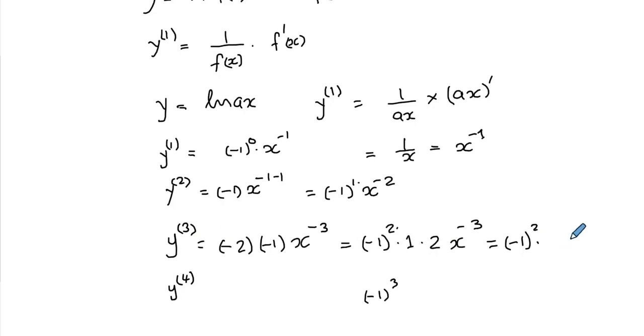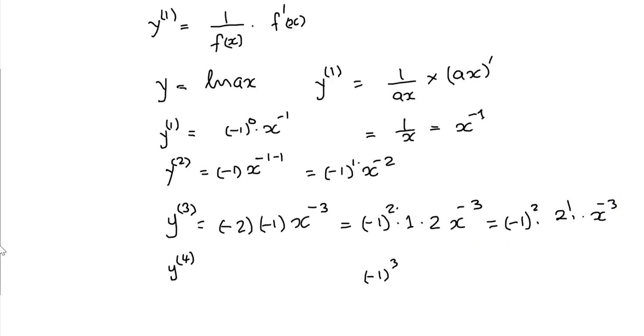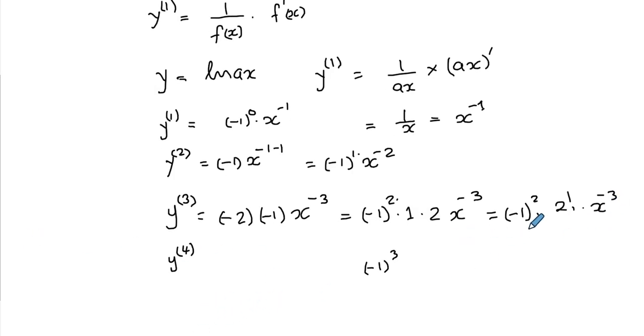multiplied by 2 factorial, which actually coincides with the 2 there, multiplied by x to the power minus 3. So taking that to the nth order, following this same pattern, we would simply get that the nth order differential coefficient will be minus 1 to the power n minus 1.